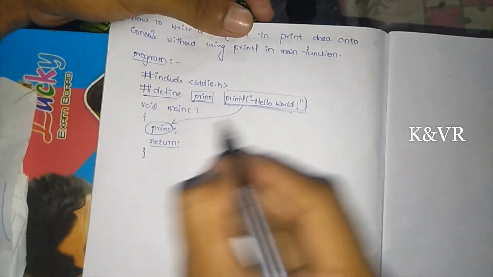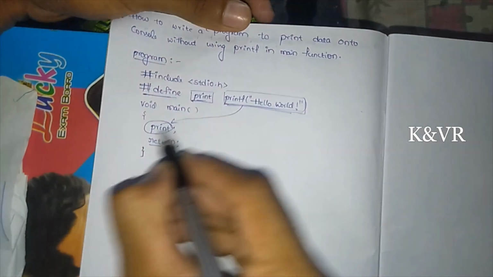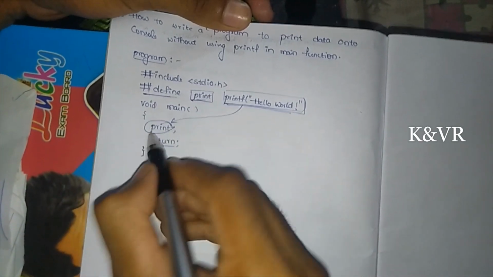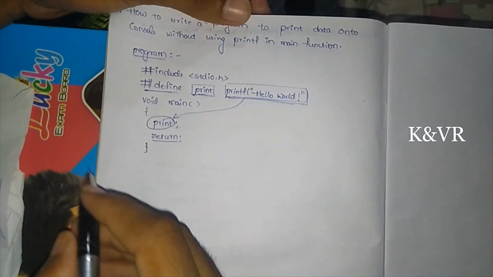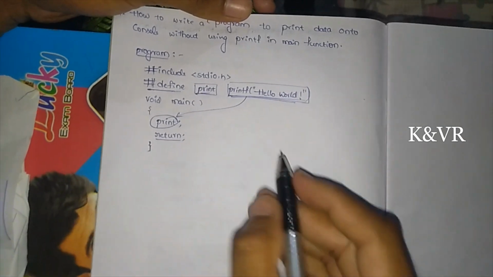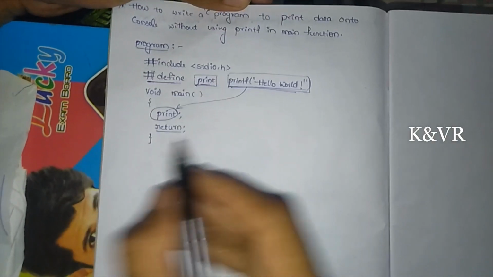So without using printf in this main function, we are getting the output as hello world. I will show you the output later, and we can do another thing also.